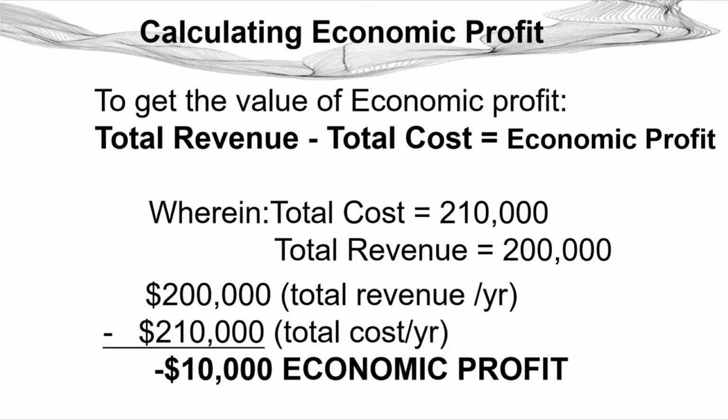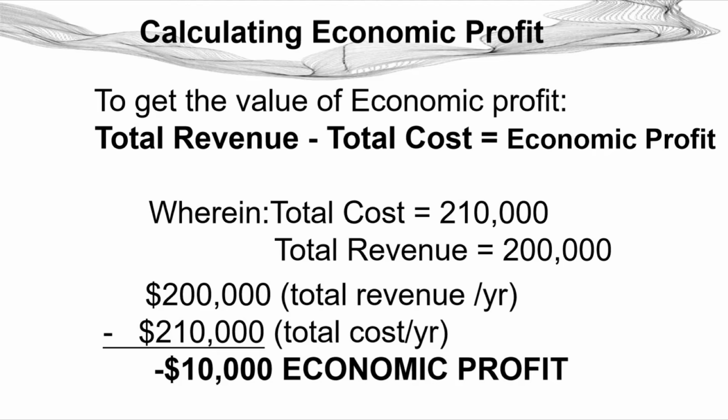After calculating the total cost, let's now proceed into calculating the economic profit. To get the value of economic profit, the formula that we will be using is total revenue minus total cost is equal to economic profit, wherein, in the example problem of Fred, the total cost is equal to $210,000 and the total revenue is equal to $200,000.